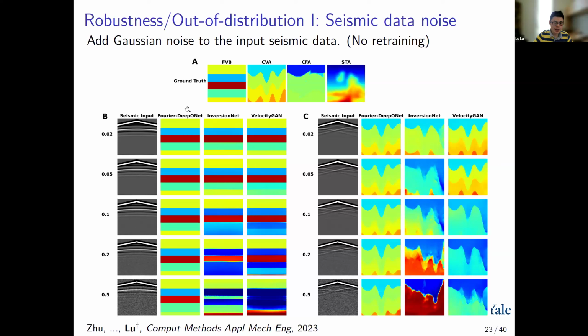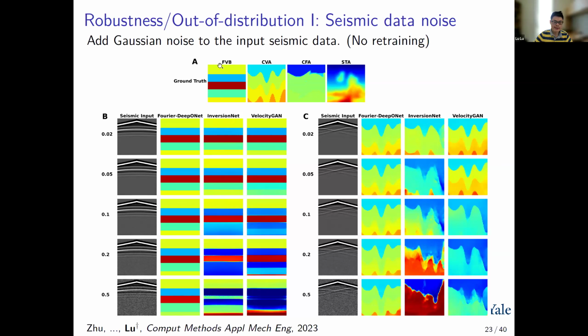In addition to the network we developed, called the modified DeepONet, we also compared with other networks, for example, the so-called InversionNet or VelocityGAN. In these two networks, when adding the noise into the input, the prediction becomes really bad. But we see that for the DeepONet we developed, we can still have good accuracy compared to the ground truth.